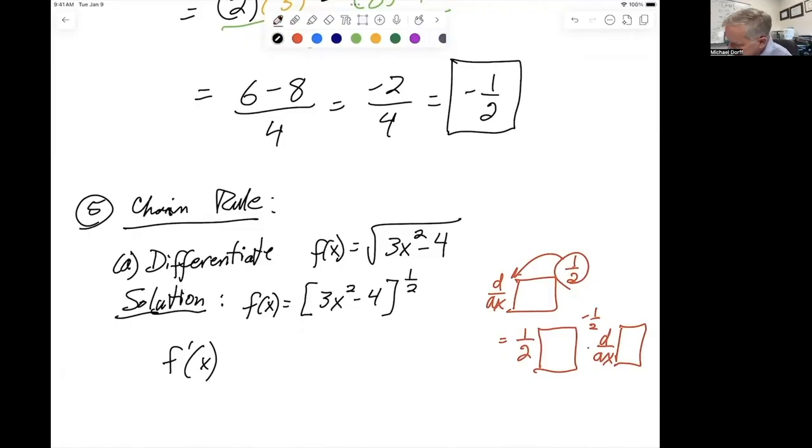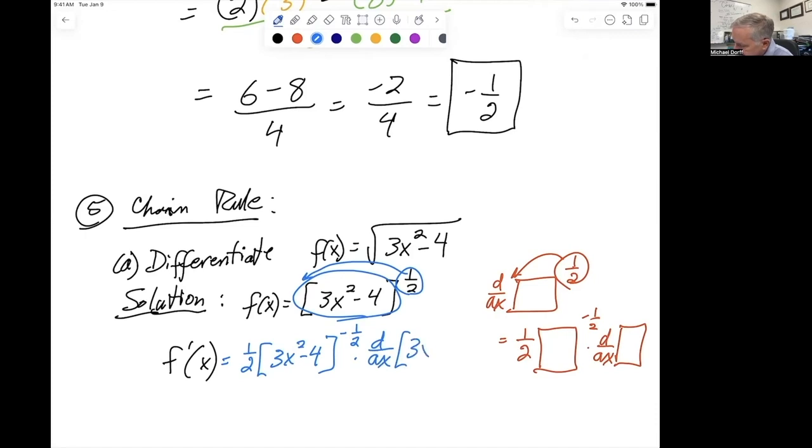So applying that to here, what I'm going to get is a 1/2, because I'm bringing the 1/2 out front. Then I write what I have inside the square bracket. I reduce the exponent by a half, so I get a half minus 1, which is minus a half. And then I have the derivative of what's inside the square bracket.